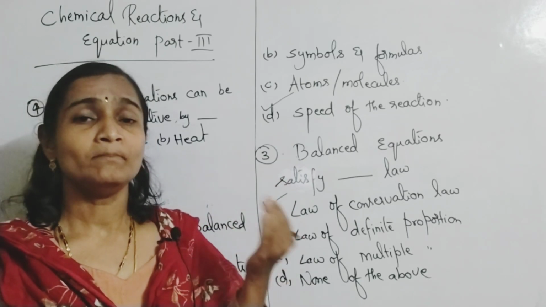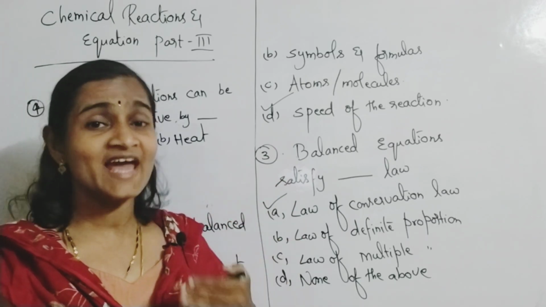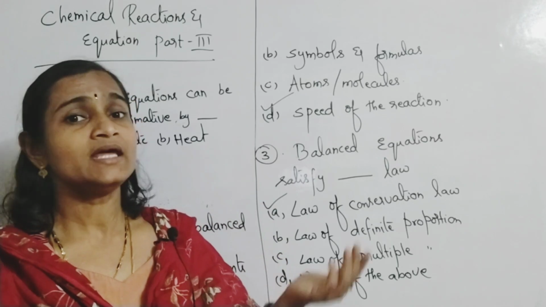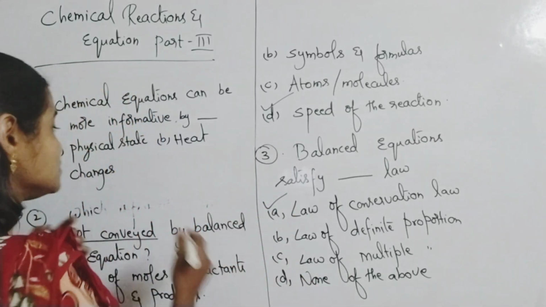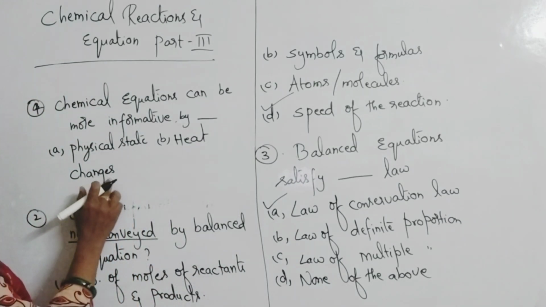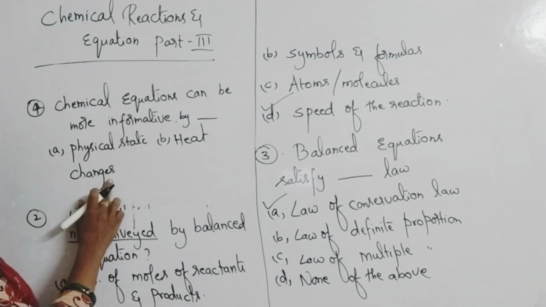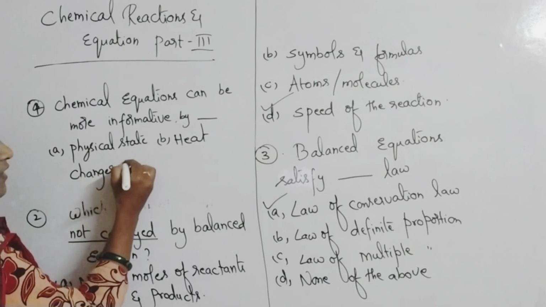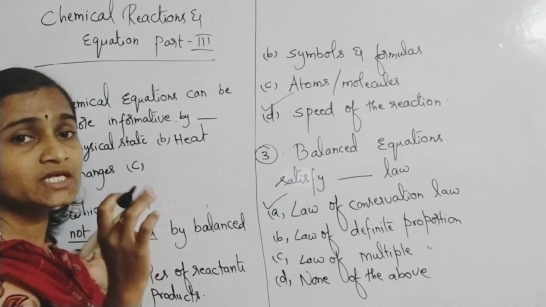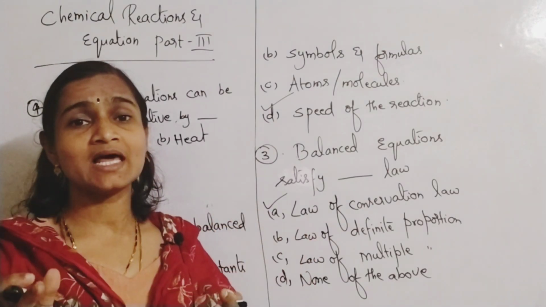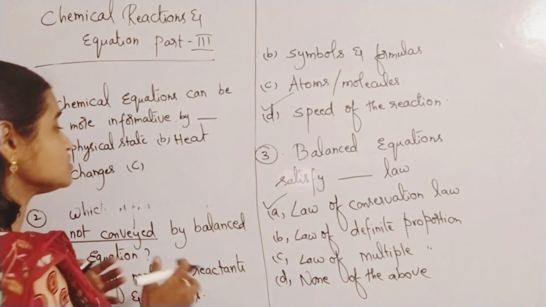If you write plus Q on the reactants side, it indicates that heat energy is absorbed along with the reactants. So that also makes the chemical equation more informative. Whether the equations are exothermic or endothermic, we indicate by plus Q in the reactants or in the products side. You have to check with it.